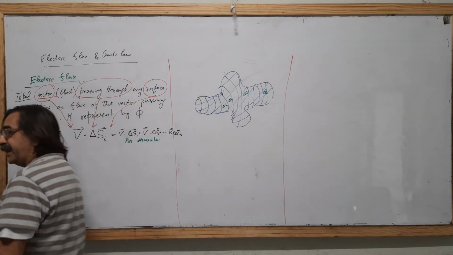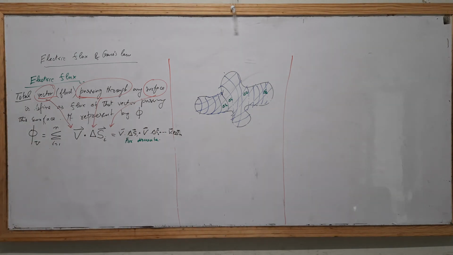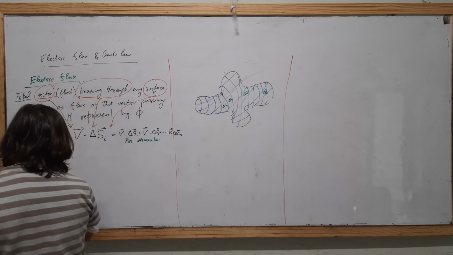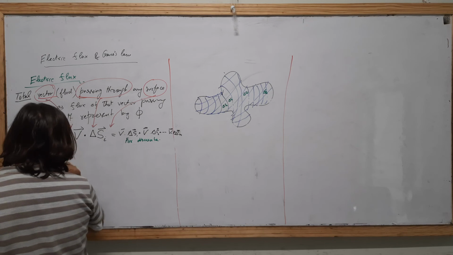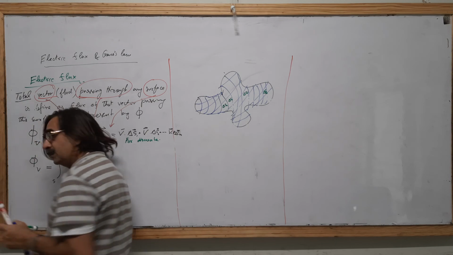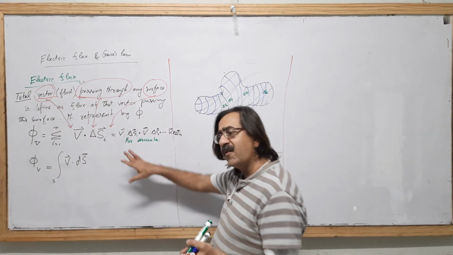And as I have already explained, if the surface is irregular, we may write it in the form of a surface integral, as explained in our previous lectures. So for continuous, phi V will be equal to the integral of V dot dS, with n becoming infinity.